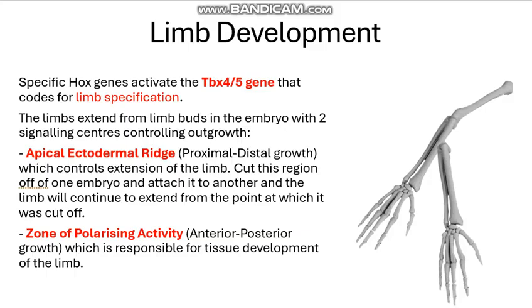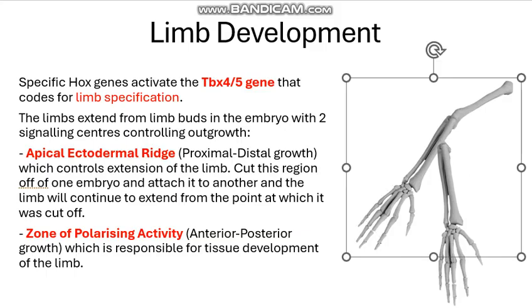These signaling centers are the apical ectodermal ridge, which is in charge of proximal-distal growth, so it controls the extension of the limb. If we cut this region off of one embryo and attach it to another, then the limb will continue to grow from this apical ectodermal ridge from where it had been previously growing before.